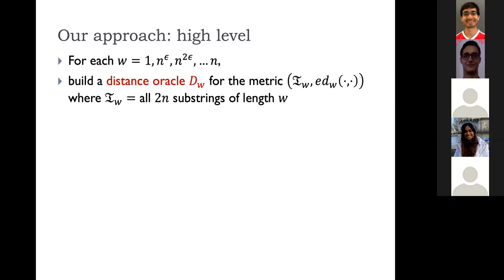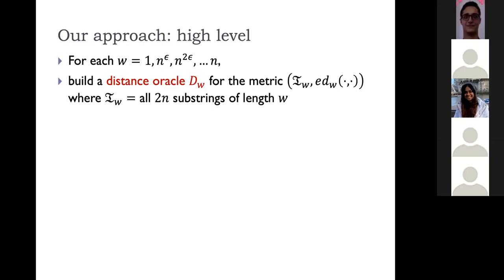Okay, so what we'll do is we'll build, for strings of length 1, and then n to the epsilon, up to n, in a constant number of steps, a distance oracle, which we'll call dW, for the entire metric of all the substrings of x and y under the edit distance.